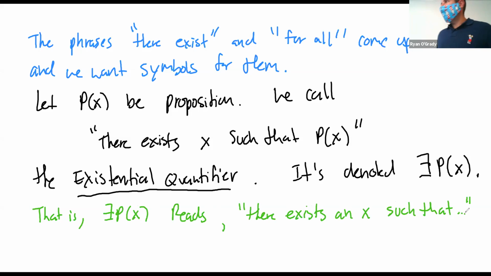So you can think of this as a shorthand for an English phrase. Instead of writing out "there exists" in propositional logic, we don't want to use the English words. We want to use symbols. Some people think this is good. Some people think it's bad. Nonetheless, one of the things in your major you're asked to do is learn it. So instead of saying there exists, we write this backwards E.